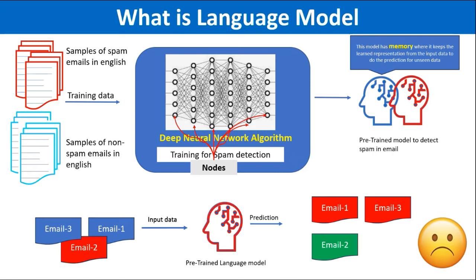Finally, we get our pre-trained language model, which is successfully able to detect spam in the email. So like this, we get our pre-trained language model for one task, which is to detect spam in email. This is how language models are trained and produced.